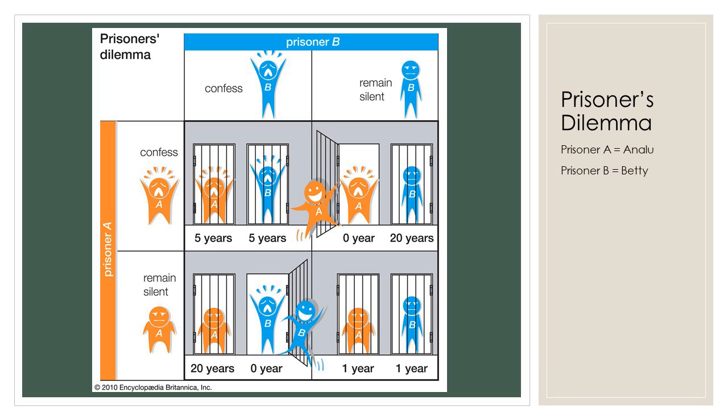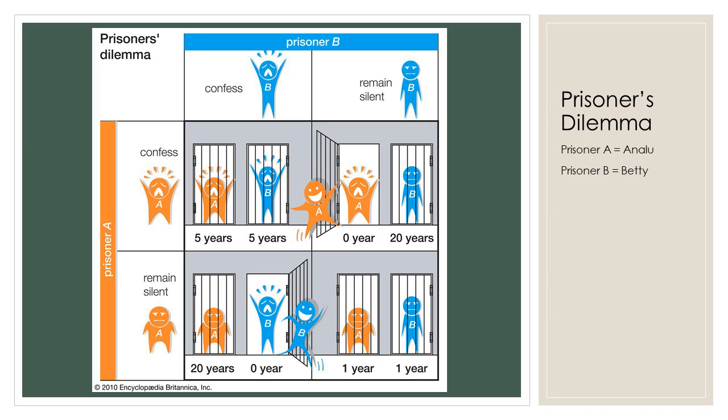If you keep your promise to your partner by keeping quiet and she rats you out, then she'll be off the hook and you're looking at a 20-year sentence. If you break your word and snitch on her while she remains silent, you're home free while she'll spend the next 20 years in jail. But if you both keep quiet, you'll each get 1 year. But if you both confess, you'll each get 5.